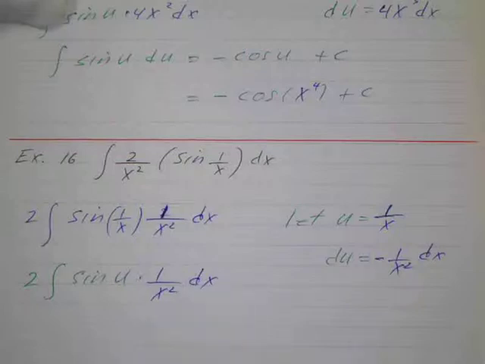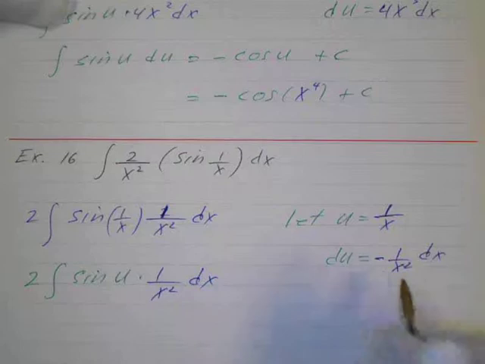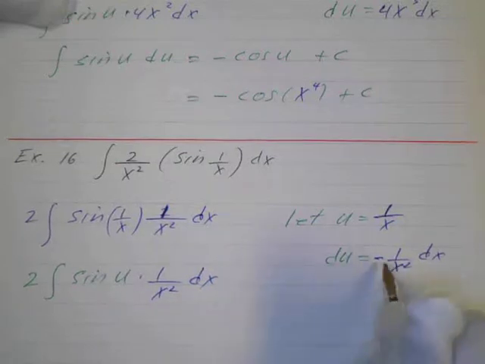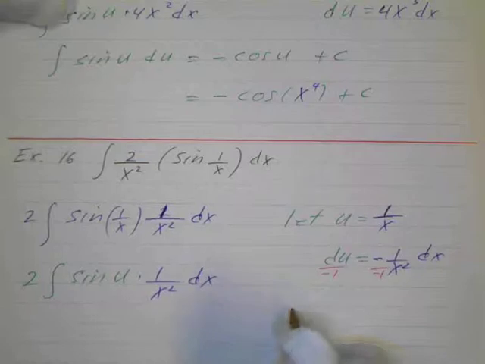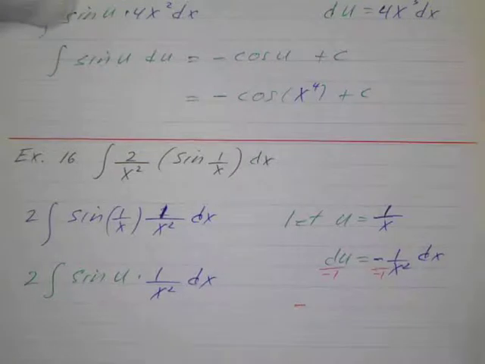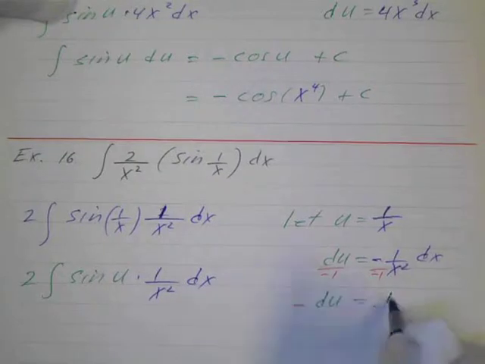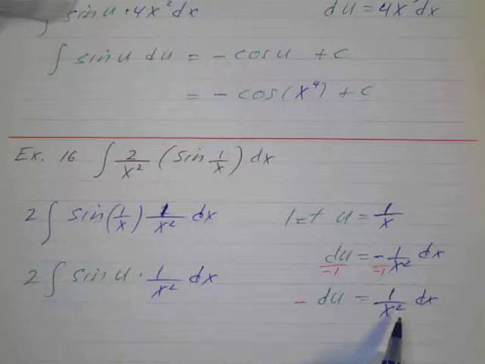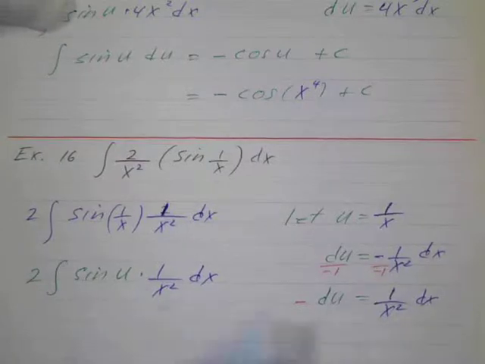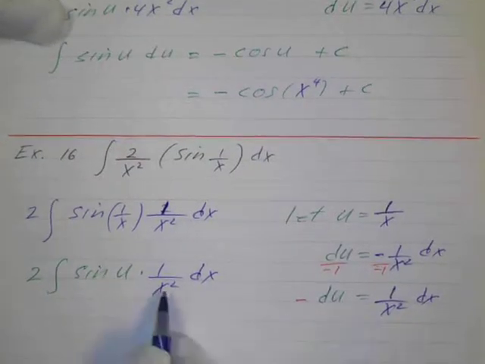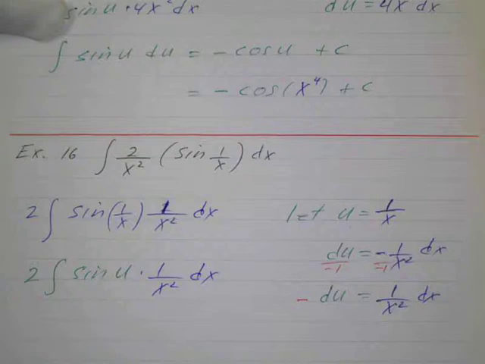Now the only difference between this and this is a negative sign, so I'll just divide by a negative 1. So now I have negative du equals 1 over x squared dx. And you see you have a perfect match. So instead of writing 1 over x squared dx, I can write negative du.